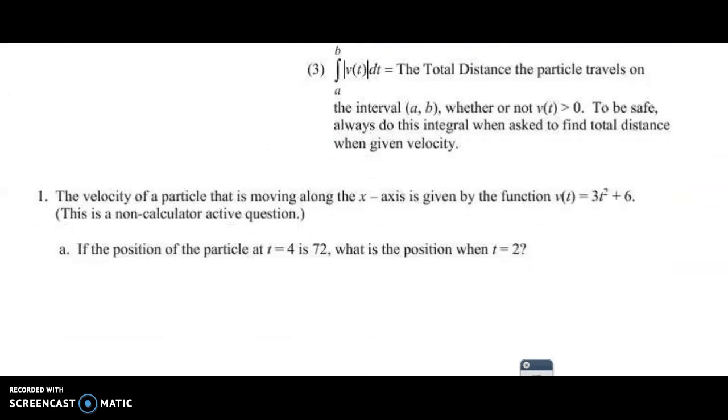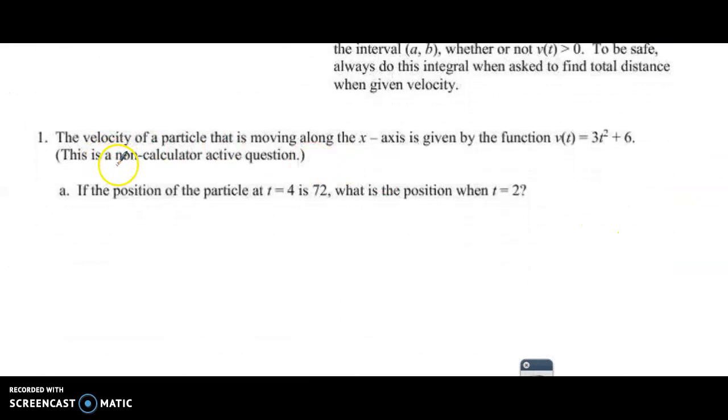So as I move into the first example, and by the way, he reminds you this is a non-calculator question, we can start to answer some of these premises where we know the velocity and we know certain items. So we know, and I'm going to stick with P just because he does, that P of 4 is equal to 72.